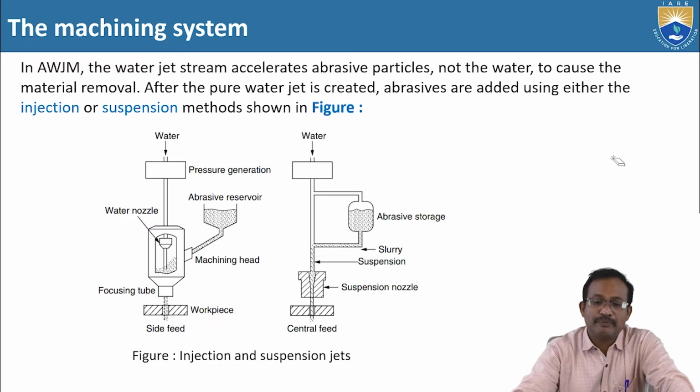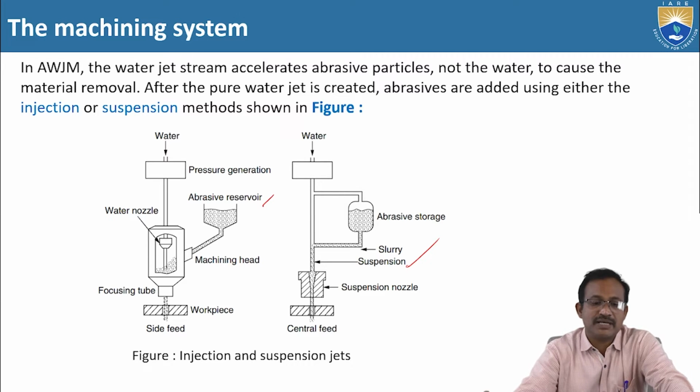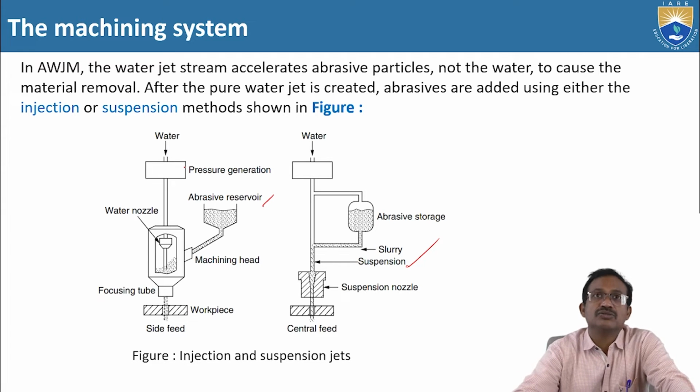Right. After the pure water jet is created, abrasives are added using either the injection or suspension methods as shown in this figure. So here one is injection type, the other one is suspension type. Let us see the various parts here. The water is flowing from the top. Here the pressure generation mechanism will be adopted, so the pressure of the water will also increase.